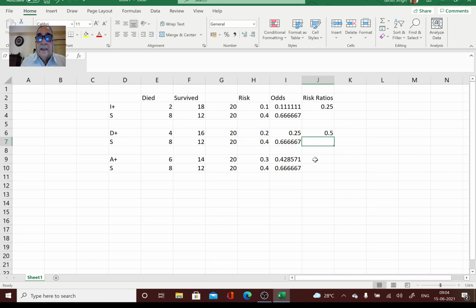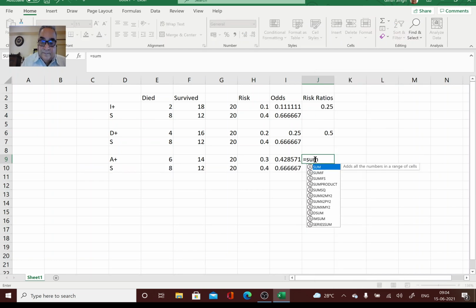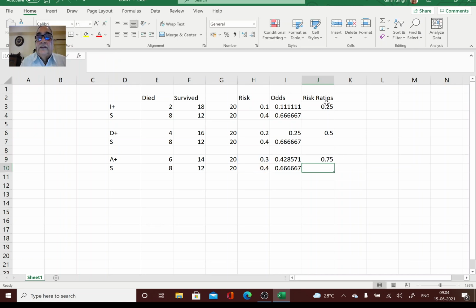Same way here we say is equal to sum risk in this versus risk in the supportive group. So you see that the risk ratio is increasing. Only 25% would die if you give ivermectin as compared to support. Only 50% would die if you give doxycycline. Only 75% would die if you give azithromycin. So you can choose which treatment to give.